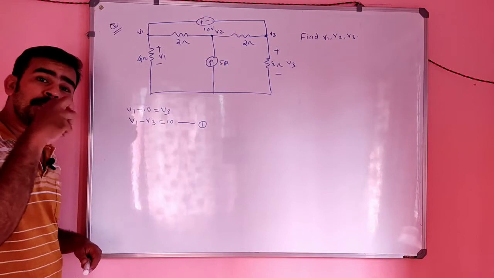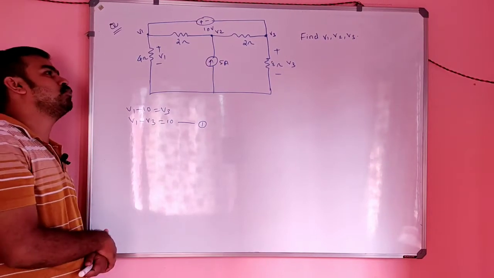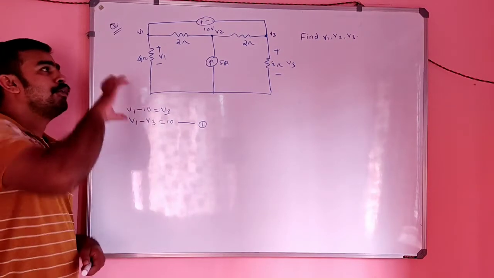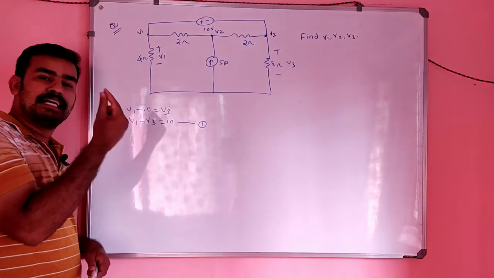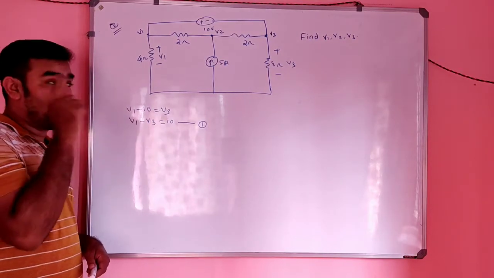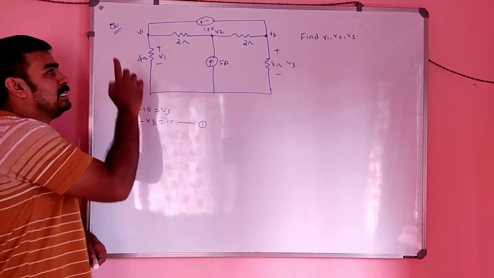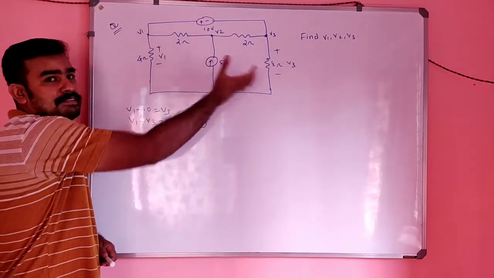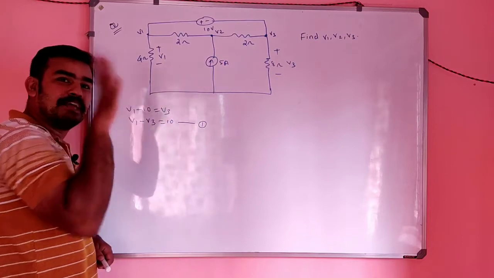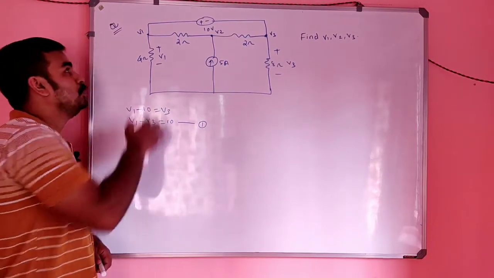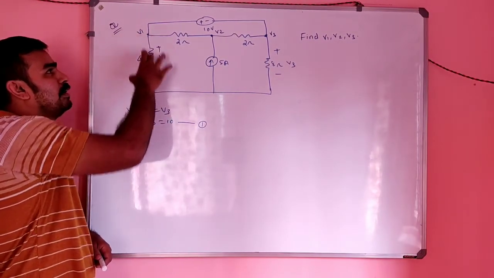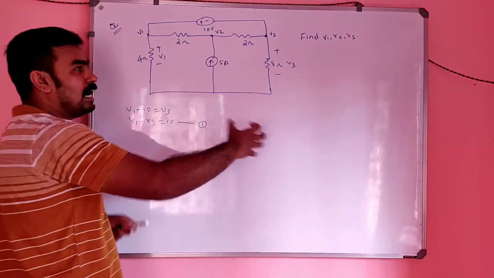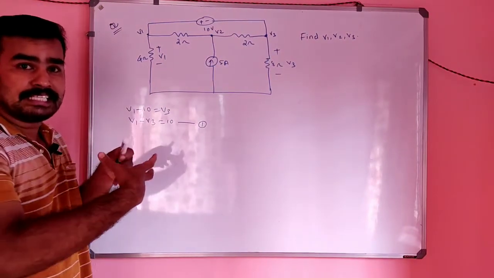Next step: write down the super node equation. That means fuse the nodes together to form a single node, but remember that the elements beneath each node's voltage will remain there. There will not be any change. You have to calculate these currents and combine them in a single equation.